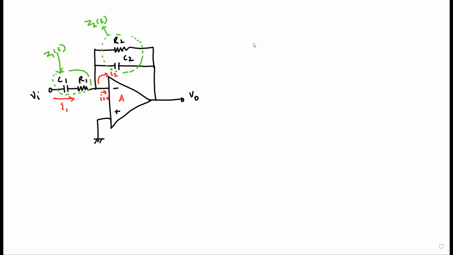And as before, we see that V2 is equal to V1, where V2 is the node voltage at this terminal, and at this terminal the node voltage is V1, and that is equal to 0 because we assume the gain is ideally infinity. So this is the virtual short concept. And because of that, we have this configuration where current I1 is equal to I2.